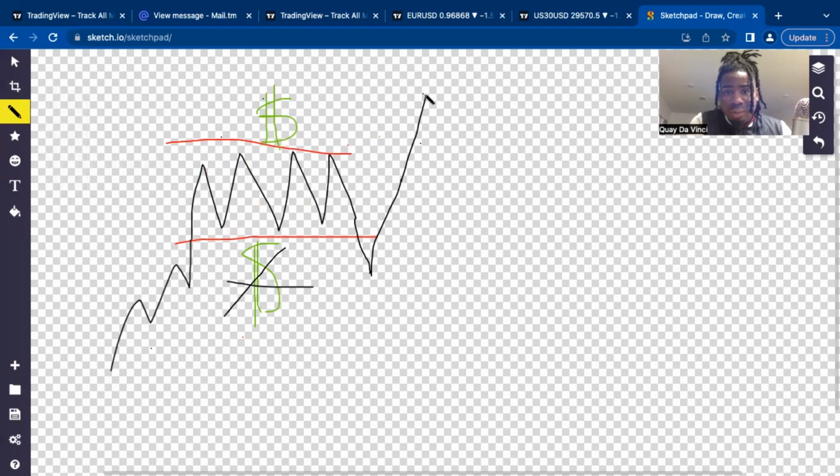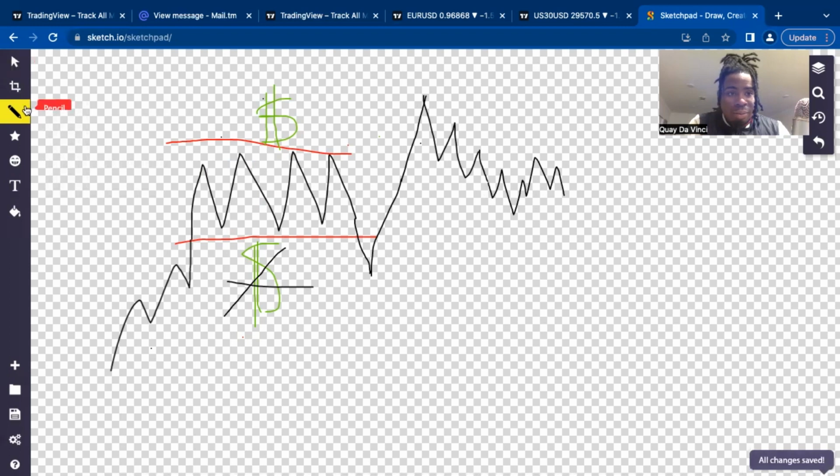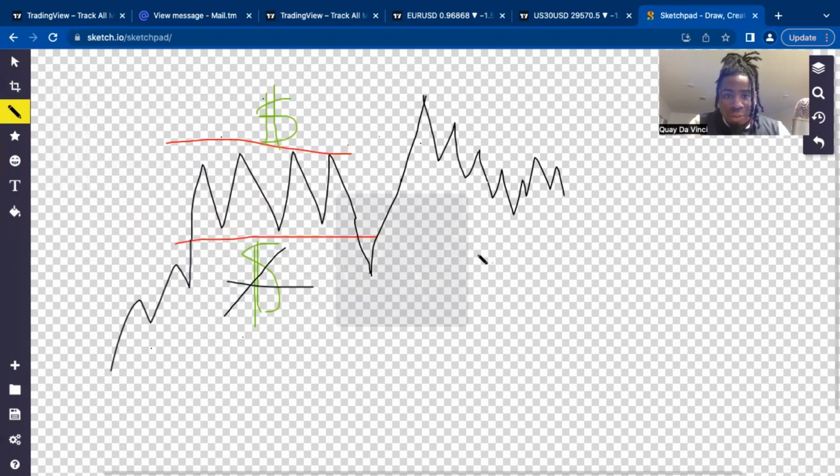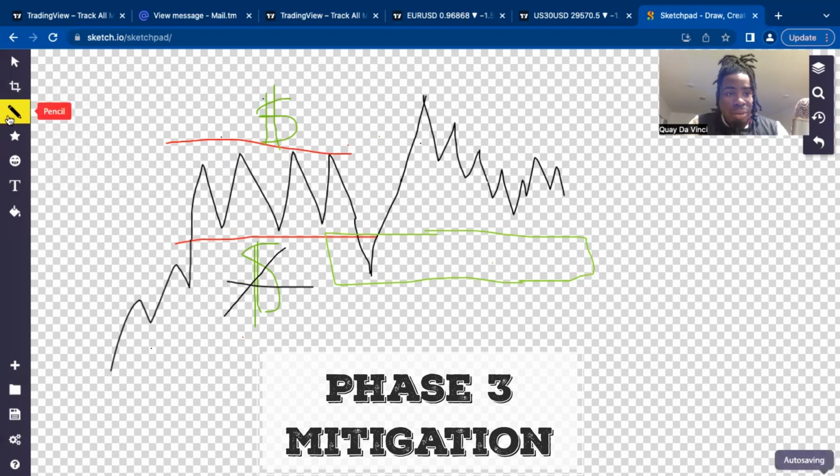So what do they do? Slowly take price back down to this area. Might make some more liquidity, induce some more y'all in. And basically they come back to this area down here to mitigate their risk.